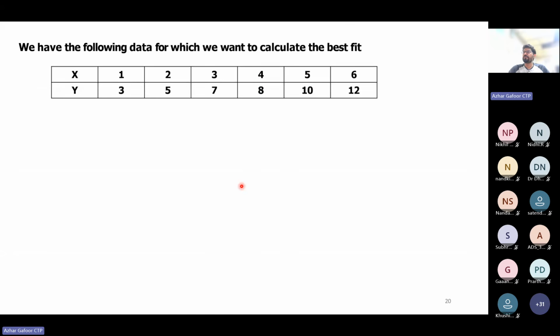Now let's say we have the data, so we have the X and Y. We want to calculate the best fit line for this. Do you want to try using pen and paper, or I'll just show you the solution.